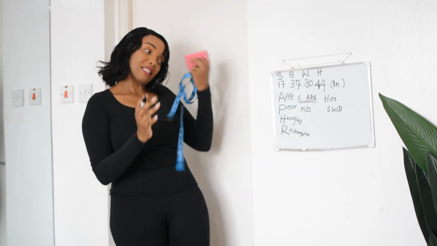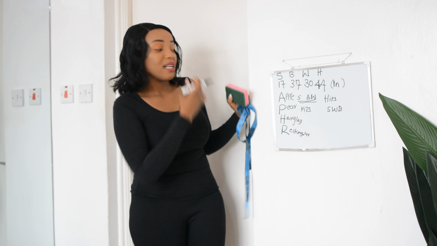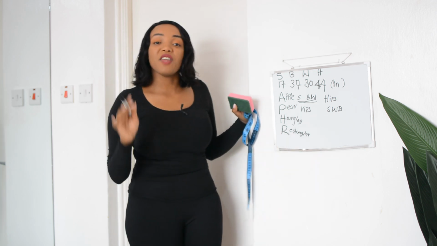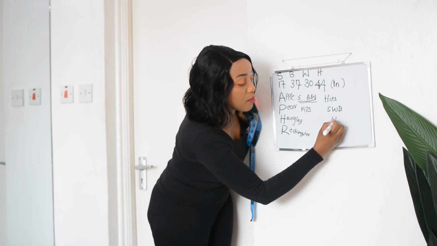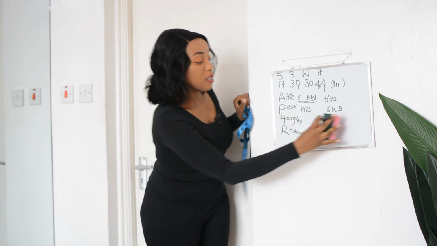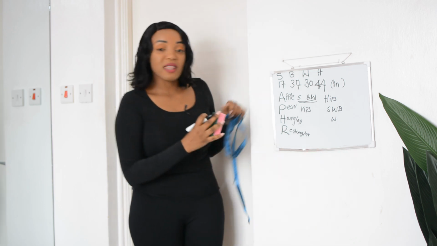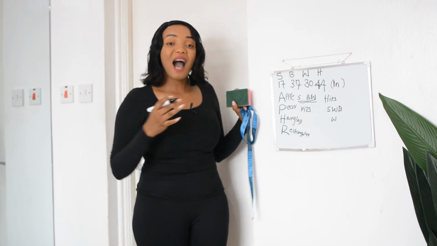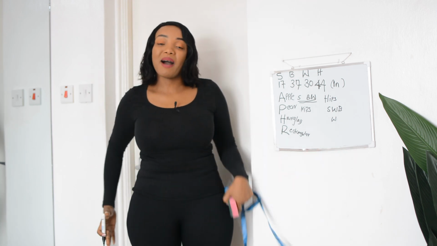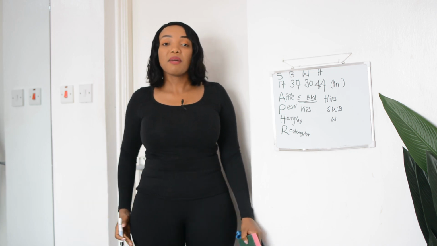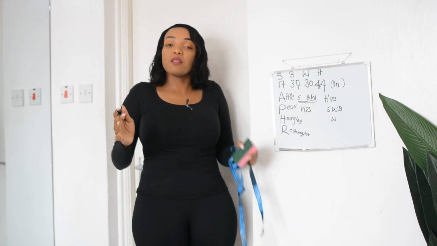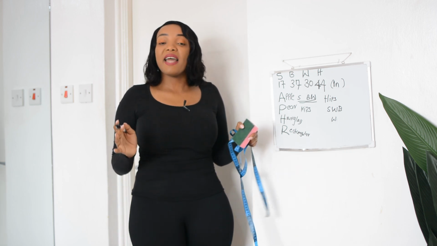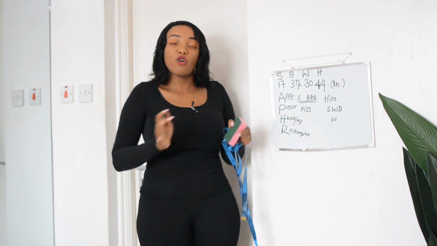So for your understanding, the hourglass happens to have their narrowest area, or their smallest area, be their waist. Let me just write W for waist. And then for the hourglass, they have a balanced bust and balanced hips. That is, the measurements between their bust area and their hips area are more or less the same. And if they differ, they don't differ so much.